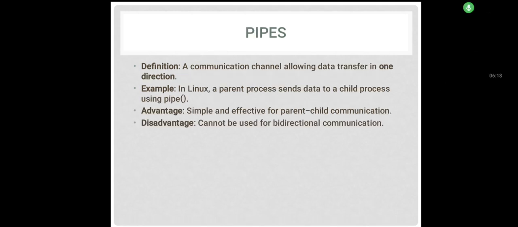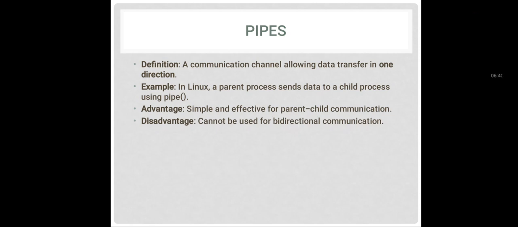Next, we discuss pipes. A unidirectional communication channel between a parent and child process is called a pipe. For example, in Linux, a parent process sends data to a child process using a pipe. Advantages: simple and effective for parent-child communication.